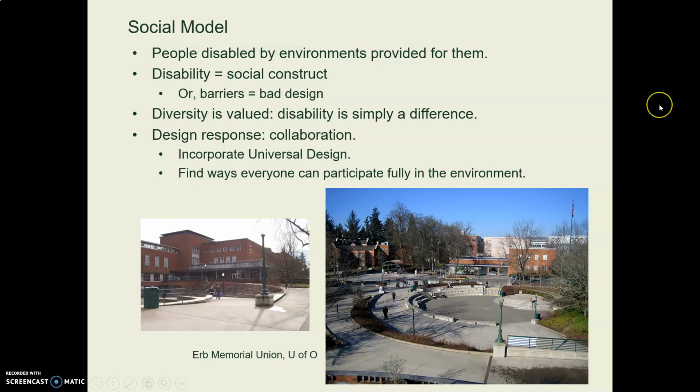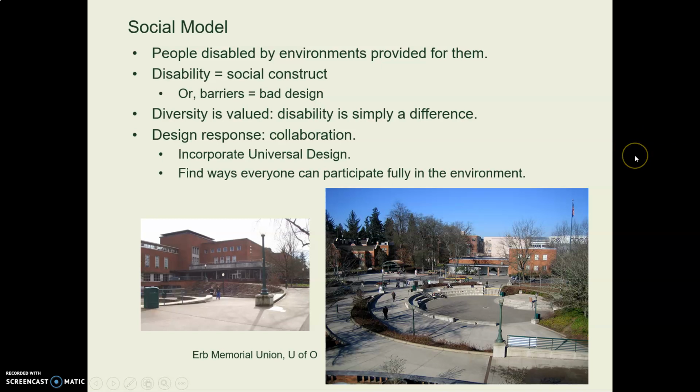And part of the idea there is that we value all kinds of different people. The more difference we have, the richer our social culture is. So we don't want to block out people who use wheelchairs or white canes just because they have a particular condition. We'll be a richer culture if we incorporate everyone.